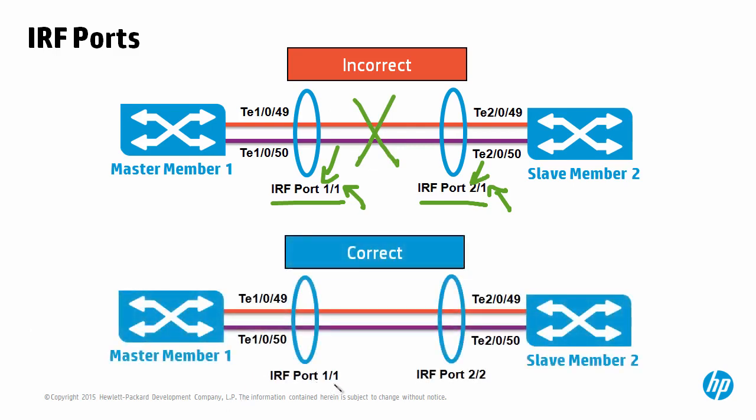You need to connect IRF port 1 to IRF port 2, as in this second example. So we've got IRF member 1 connecting to IRF member 2, but port 1 is connected to port 2. That is the correct way to configure the IRF stack or IRF system.